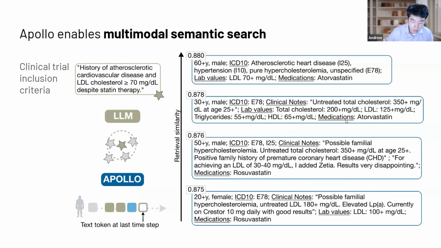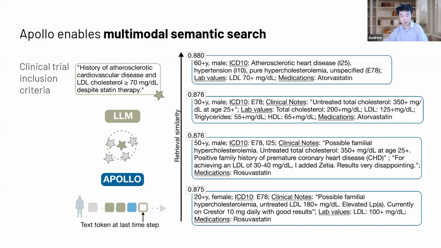And here are some more detailed examples of similarity searching. Besides searching using a patient, we can also search using an image or a text. Really, you can search using any modality because the model brings all the modalities into a single embedding space. Here, we search using a text description of clinical trial inclusion criteria. This is relatively simple, but we have three main inclusion criteria: history of atherosclerotic disease, an LDL cholesterol threshold, and a statin therapy criterion.